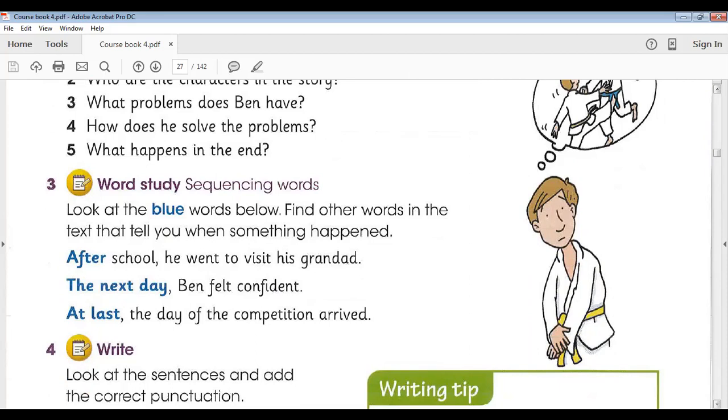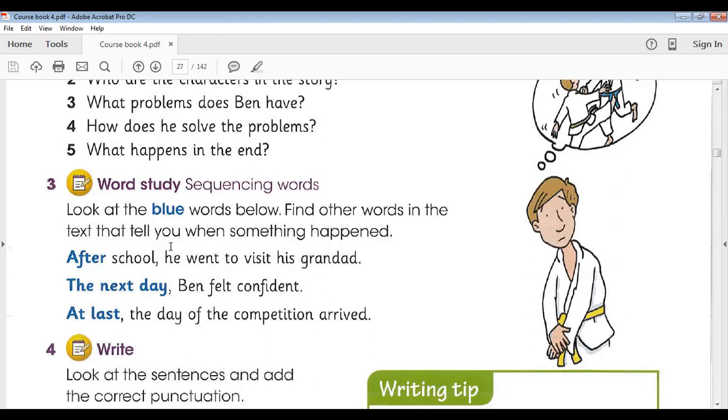if we are writing any event or story, usually we write it in the correct order, following the order in which events occur or happen. So we follow the sequence, and we use words like at first, after that, or after, then the next day, then after that, or at last.